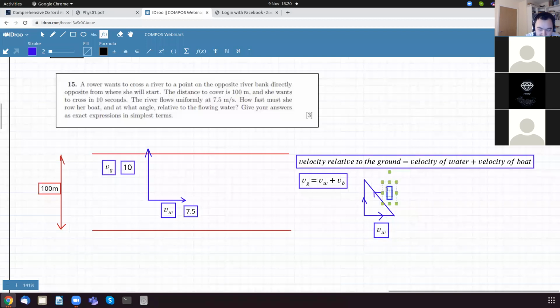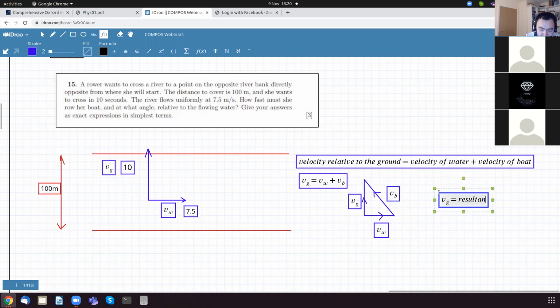This is the velocity of the boat. And this is the ground velocity, or the resultant velocity. This is Vg, G is the resultant velocity.